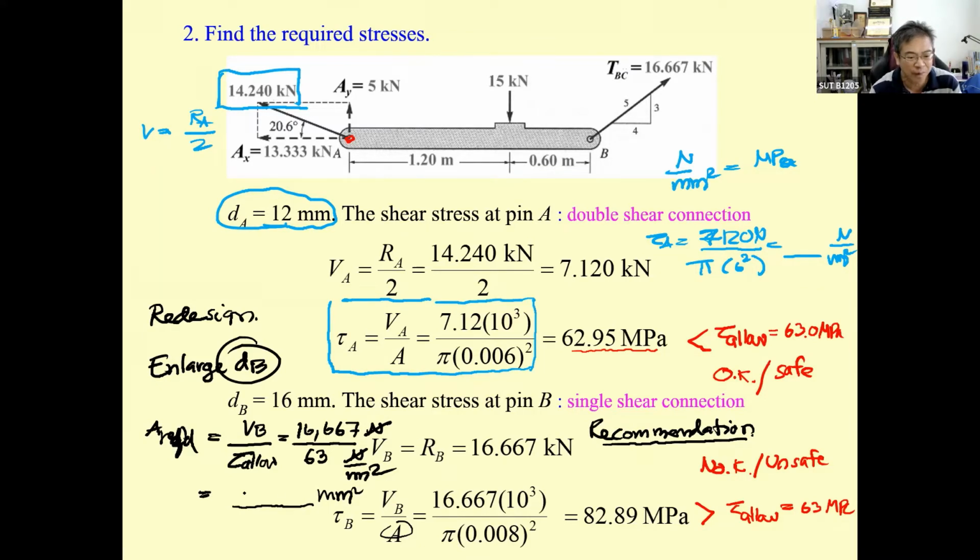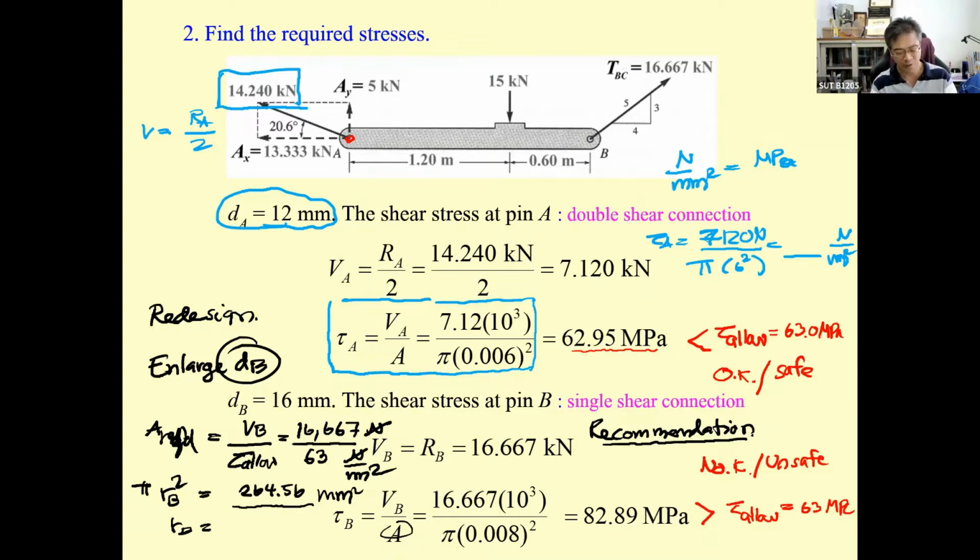This is going to be 264.56 square millimeter, and this is going to be pi r sub B square. So you can find r sub B square by dividing by 3.1416, and it's going to be 84.21.